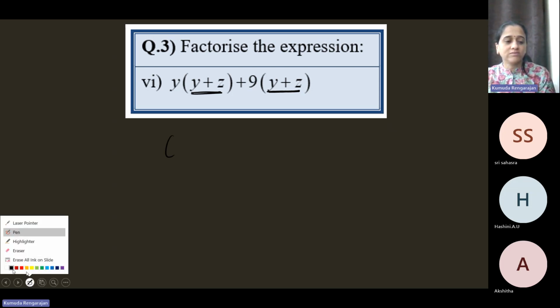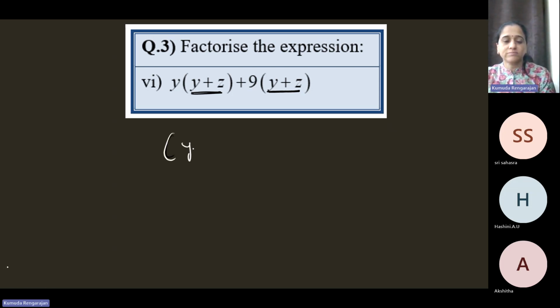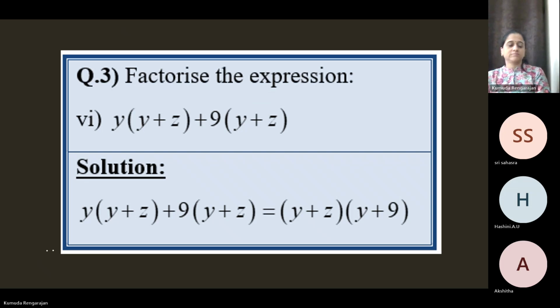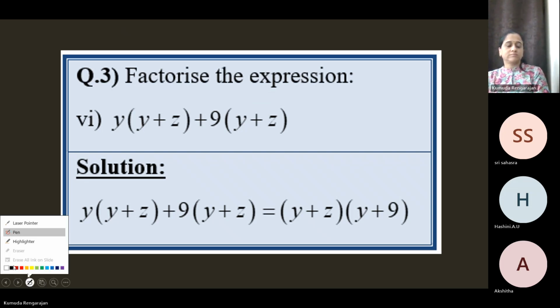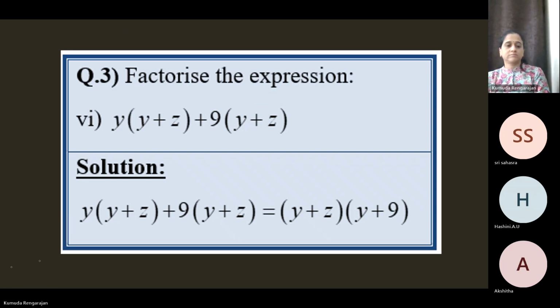So take that once, y plus z. And then write the other two terms in a bracket, y plus 9. That's all. Write this once and then write these two together.